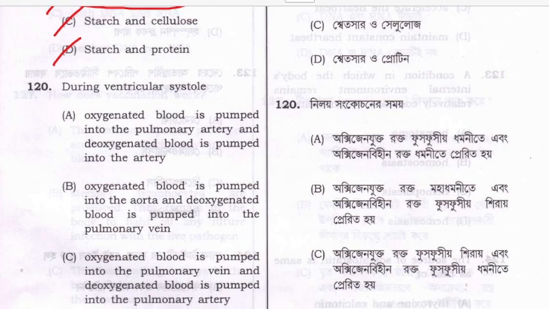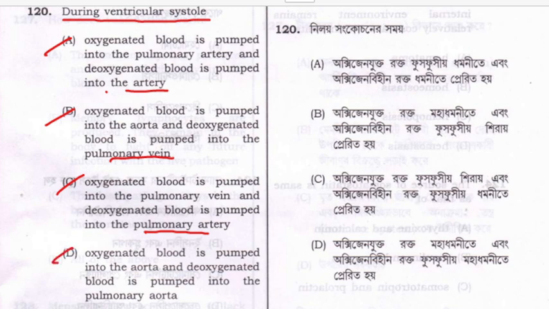Next, during ventricular systole, oxygenated blood is pumped into the pulmonary artery and deoxygenated blood is pumped into the aorta. Option B: oxygenated blood is pumped into the aorta, deoxygenated blood is pumped into the pulmonary vein. C: oxygenated blood is pumped into the pulmonary vein, deoxygenated blood is pumped into the pulmonary artery.